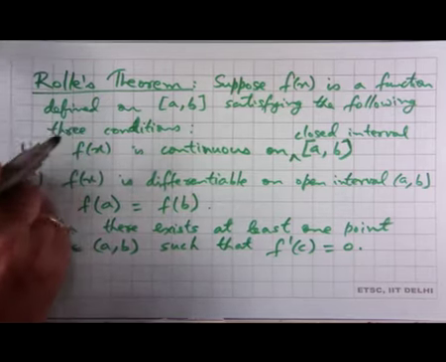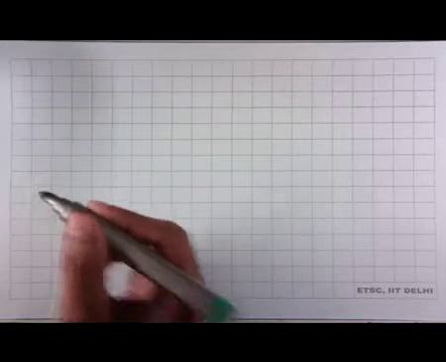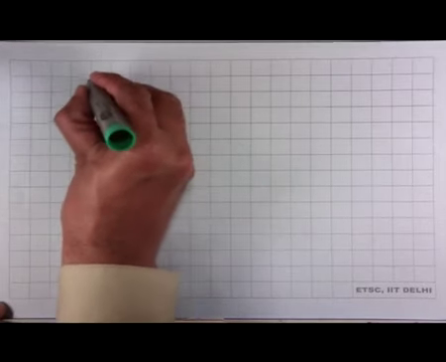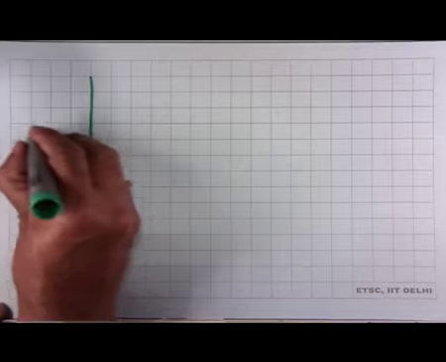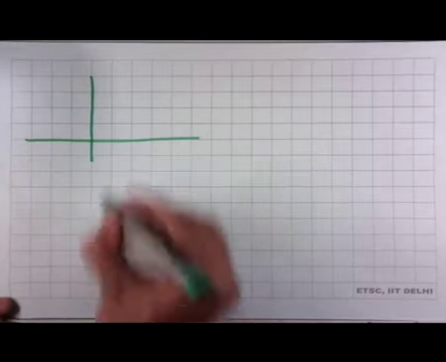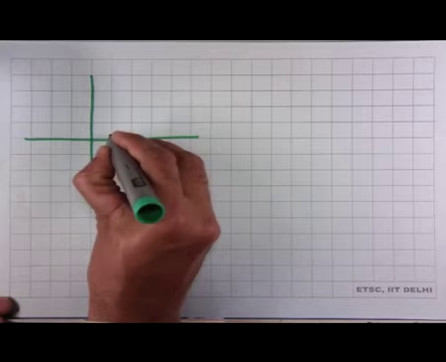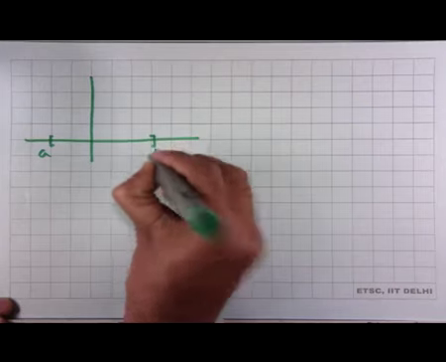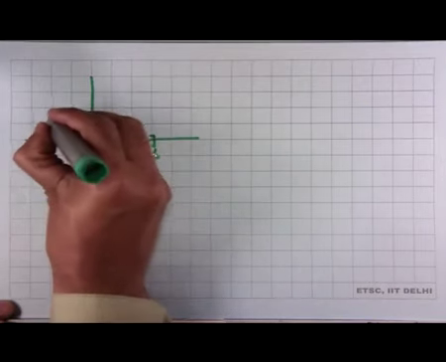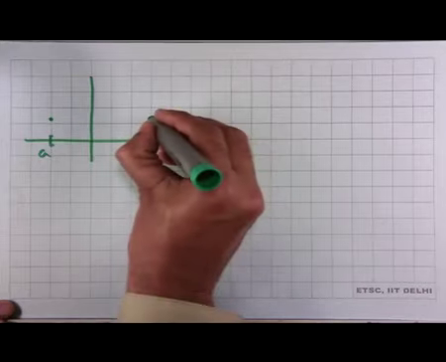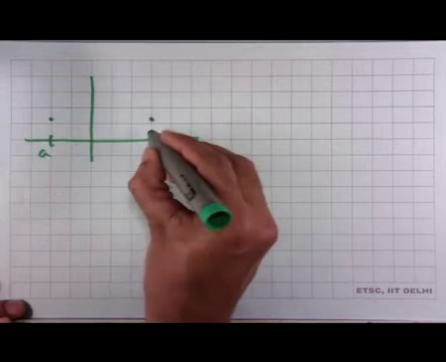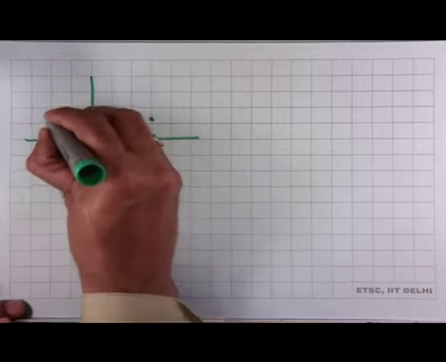So, let me try to explain this theorem by showing a picture. Let me explain this Rolle's theorem by means of these examples. I have this interval a b, and the third condition says that f of a must be equal to f of b, and the function is continuous in this interval and differentiable in the open interval.